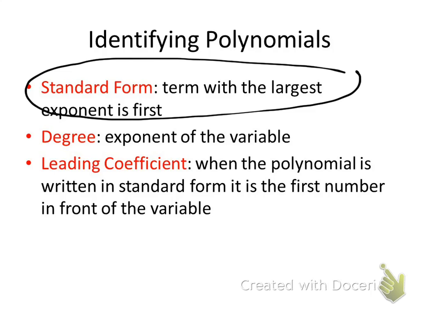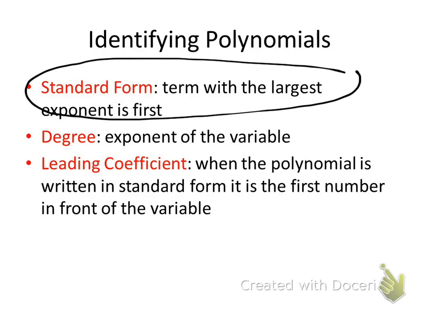Standard form just means I've got to write my polynomial with the term with the largest exponent coming first and then descending after that.